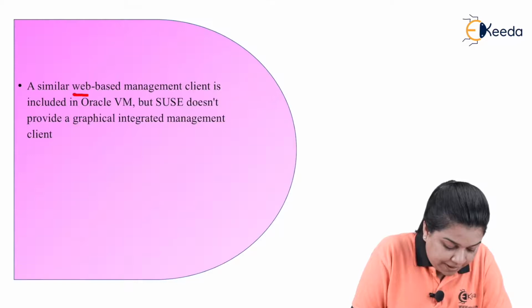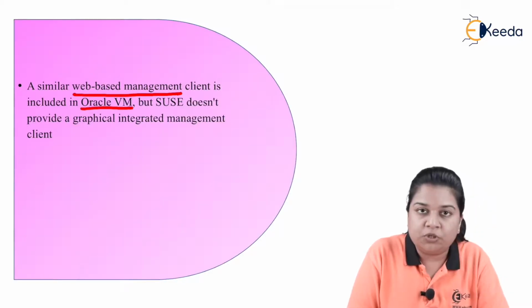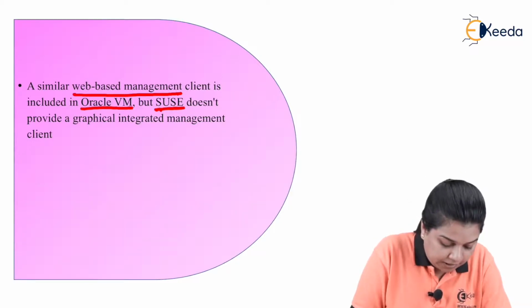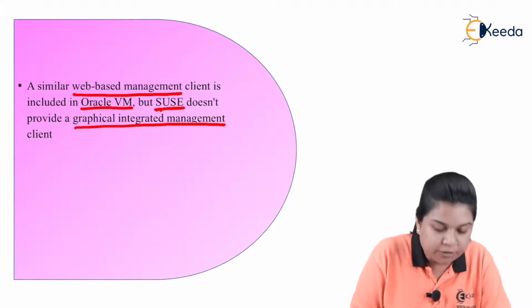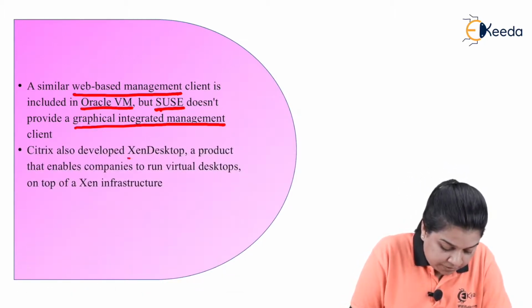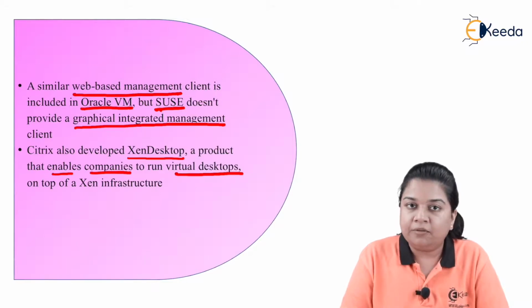A similar web-based management client is included in Oracle VM, but SUSE does not provide a graphical integrated management client. Citrix also developed XenDesktop, a product that enables companies to run virtual desktops on top of a Xen infrastructure.